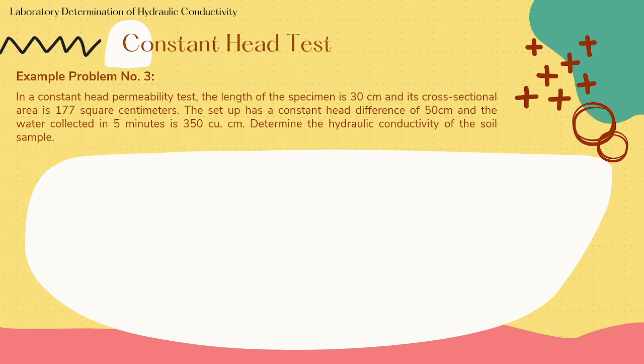Determine the hydraulic conductivity of the soil sample. Again, the hydraulic conductivity K is equal to the volume collected times the length of the specimen all over the cross-sectional area, the constant head difference, and the time T.